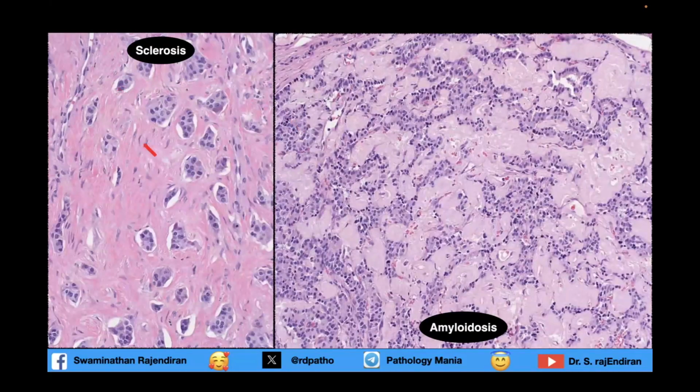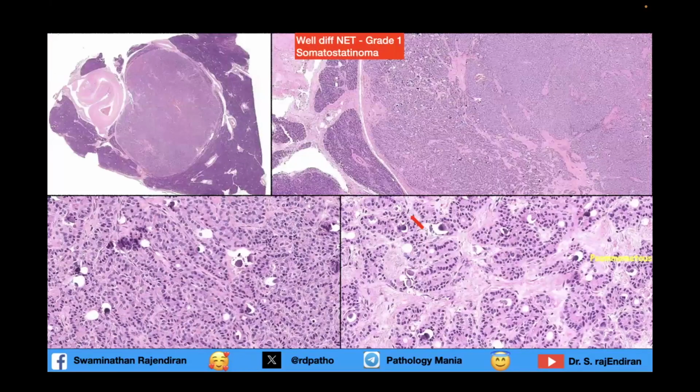And it may produce serotonin and that creates a lot of sclerosis, or it can produce some proteins that are arranged in a beta pleated appearance and give rise to amyloidosis. For example, insulinoma can create a lot of insulin that gets misfolded and forms amyloid. So this is a grade 1 neuroendocrine tumor.